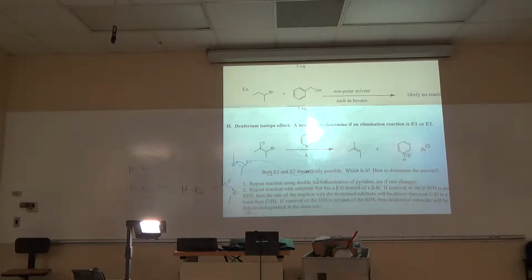It was in one of our initial handouts. The C-D bond is stronger. In which mechanism is the C-H bond broken in the rate determining step, or C-D bond? E2. The bond is stronger. If this is an E2, having a stronger bond there is going to make the reaction slower.